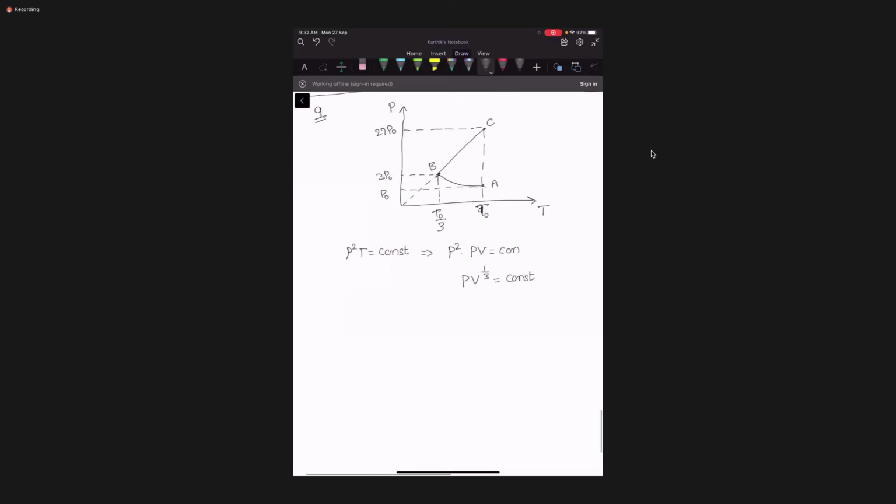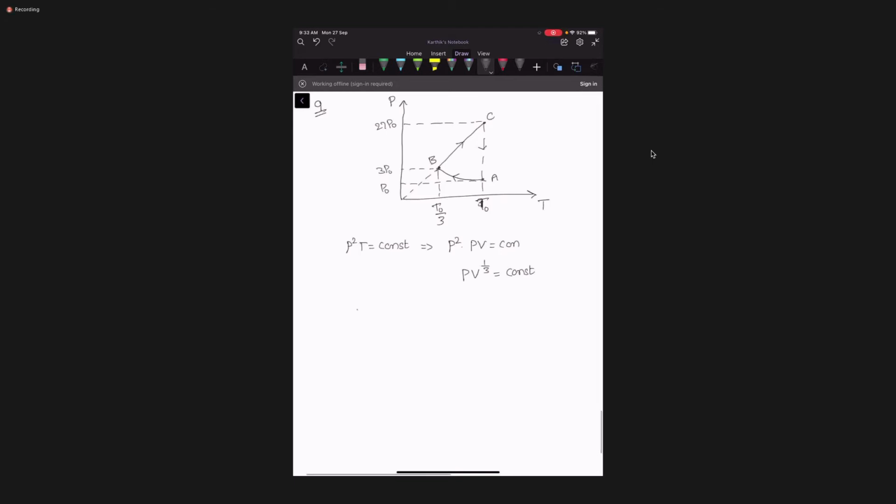This is A to B to C and C to A. Therefore, work done in the polytropic process W AB is equal to nR delta T divided by x minus 1. So nR into T naught by 3 minus T naught.